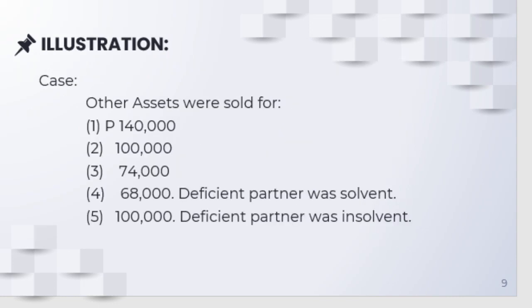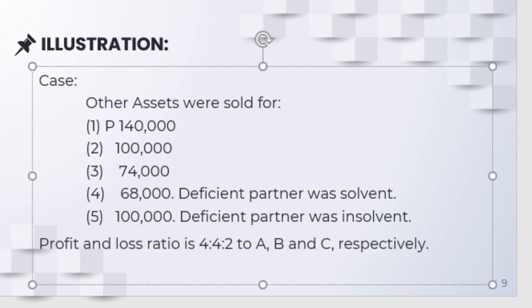So, we have here case 1. Other assets were sold for 140,000 pesos. Sasagutan natin lahat ng case para mas maintindihan nyo. So, first case is other assets were sold for 140,000 pesos. Additional information, profit and loss is 4:4:2 to A, B, and C respectively.